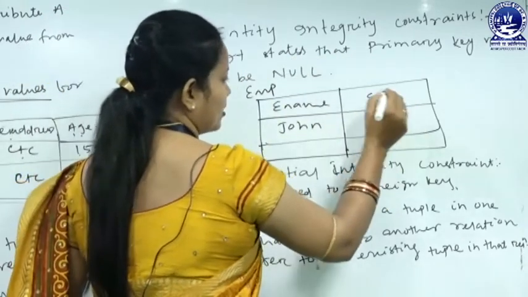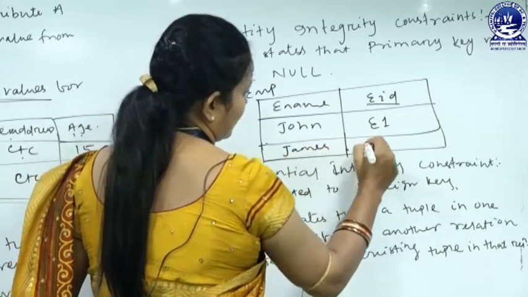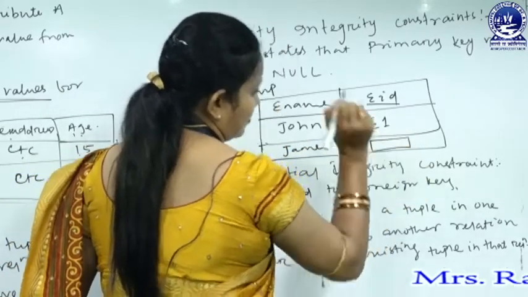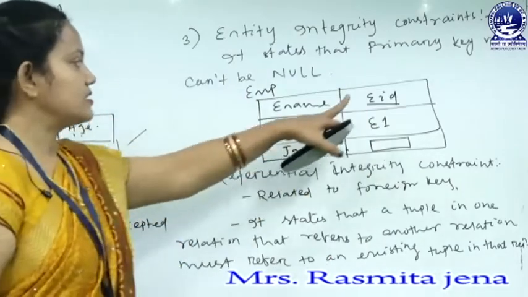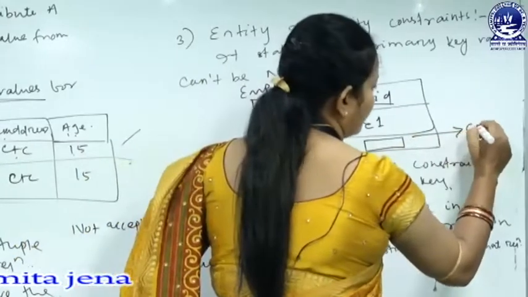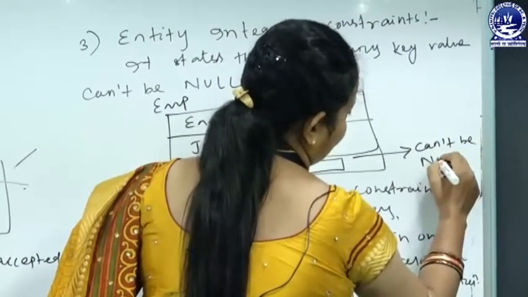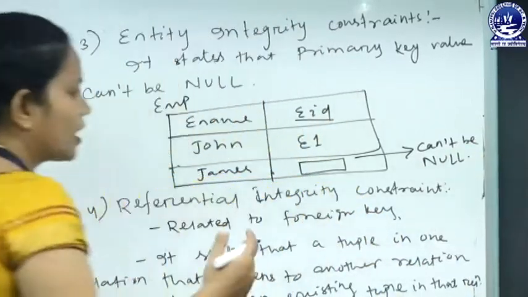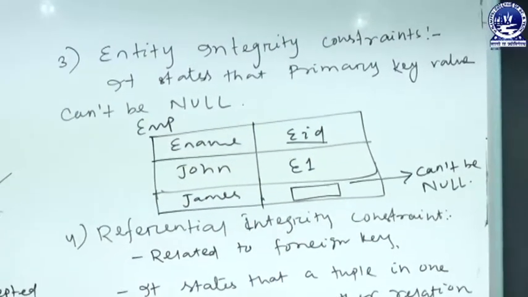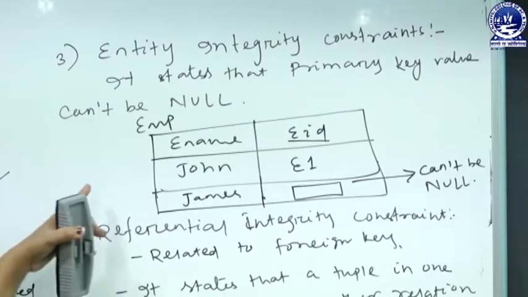Suppose this is the primary key and next is suppose James, and the primary key that is EID is null. So, it cannot be null. That means we cannot provide a null value for the primary key, that will violate the entity integrity constraint.